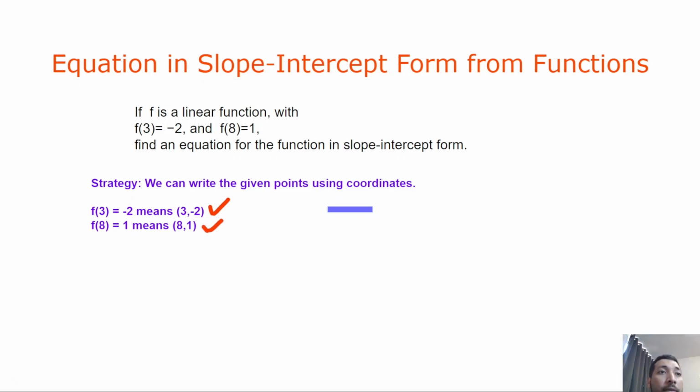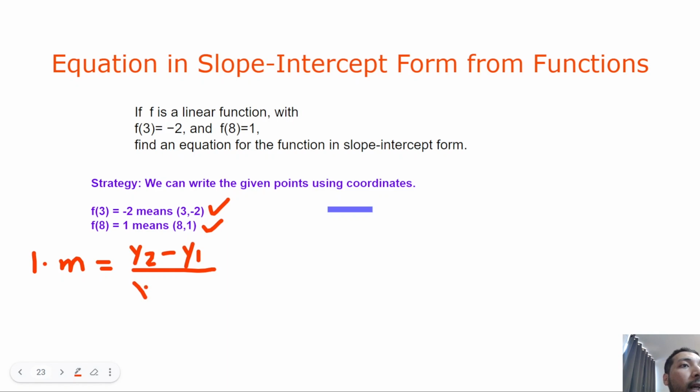Now that we have just found the 2 points, we can apply these strategies that we just saw in the last slide. So first, step number 1 is find the slope. In this case, we can use y2 minus y1 over x2 minus x1. So let's say this point is x1 comma y1 and this point is x2 comma y2.